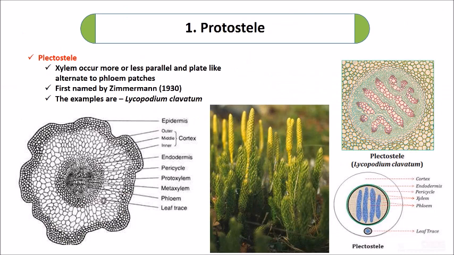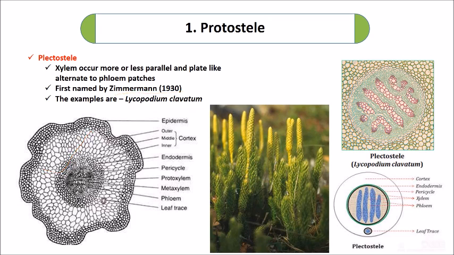Then come to the plectostele. Plectostele means that the xylem is arranged in plates inside the phloem. It was given by Zimmermann in 1930, and the example is Lycopodium clavatum, and this is the transverse section of Lycopodium clavatum.